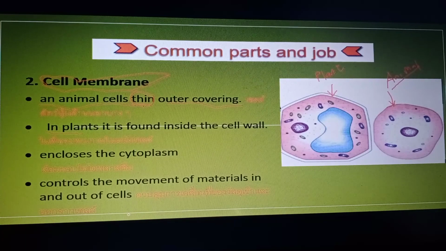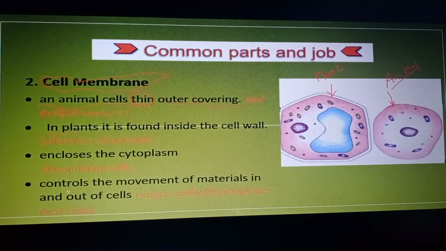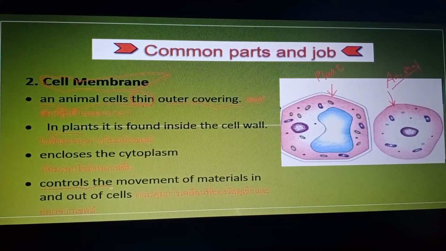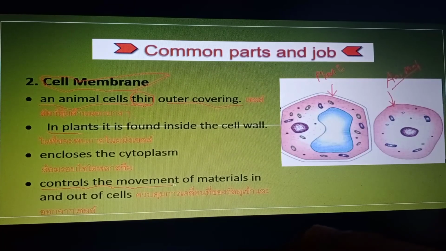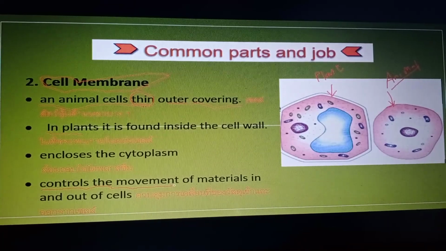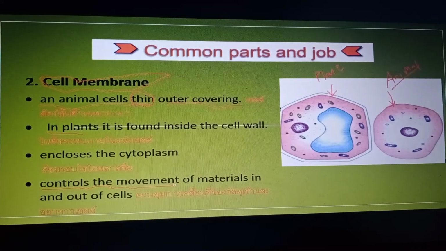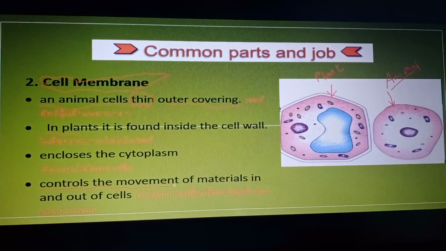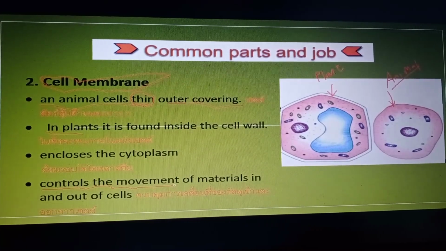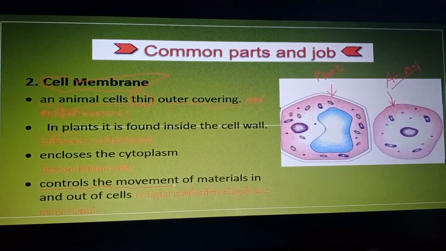Next, it controls the movement of materials in and out of the cell. Your cell membrane plays a vital role because it controls the movement of materials. In means inside, out means outside, in and out of the cells.